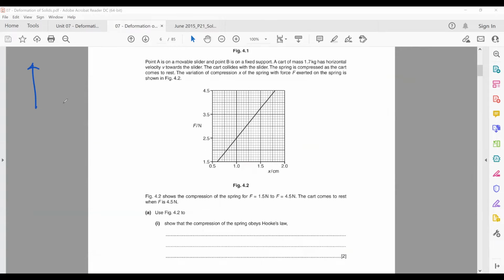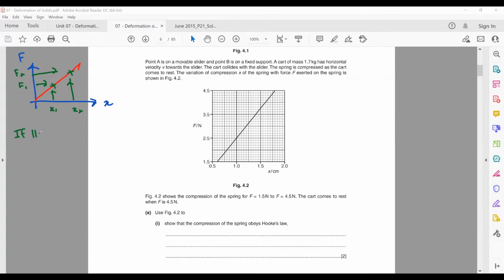Okay, now if you have force versus extension, and you want to say that the spring obeys Hooke's law, it must pass through origin. That much you know already because of what I explained. Now, if you want to prove that it obeys Hooke's law, what you can do is that this one here is x1, this one here is F1, and then this one here is x2, this one here is F2.